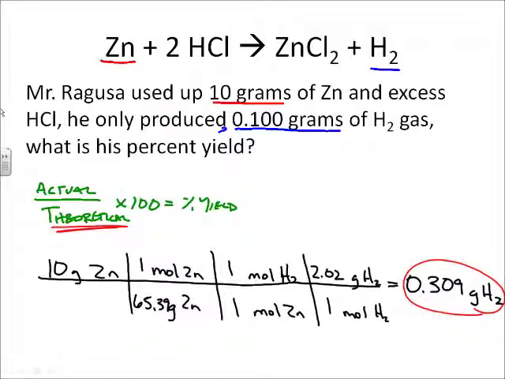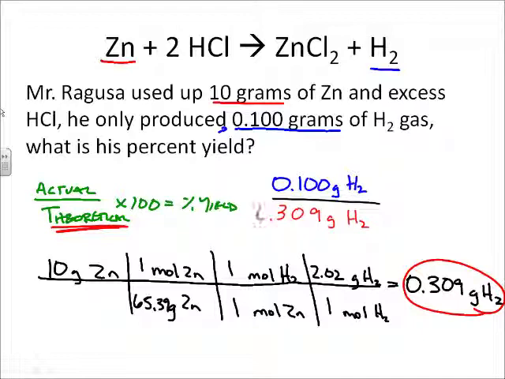So when I set up my problem then, we're going to take the 0.1 grams of hydrogen from our problem, that's our actual yield, and divide that by our 0.309 grams of hydrogen from our theoretical yield, multiply that whole thing by 100, and when we do that, we find that our percent yield for this experiment was approximately 32.36%.